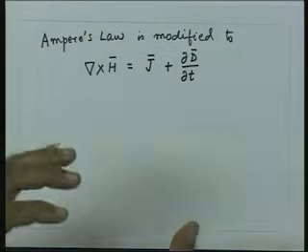These make the complete set of equations which represent static and time varying electric and magnetic fields. These equations are called Maxwell's equations.